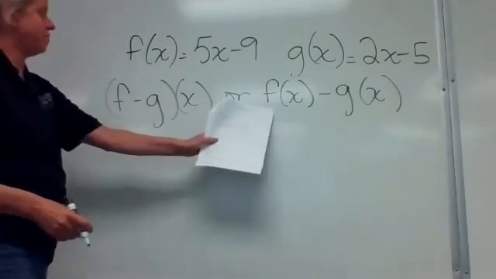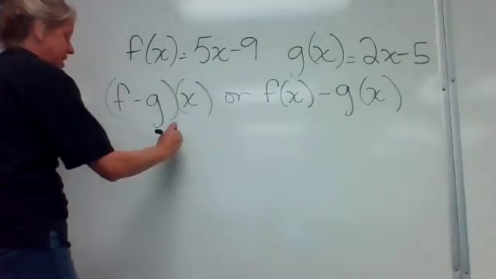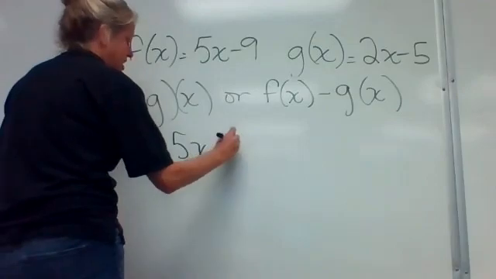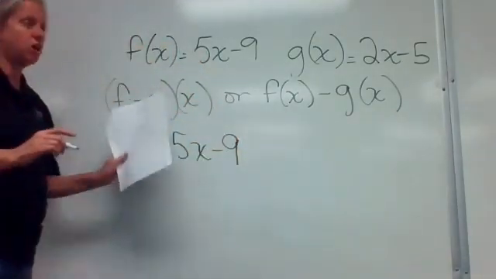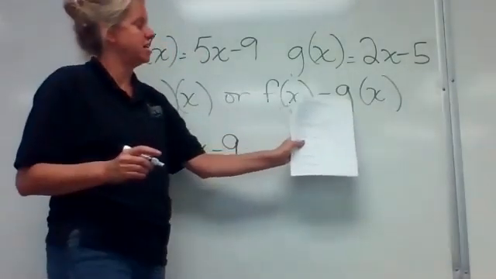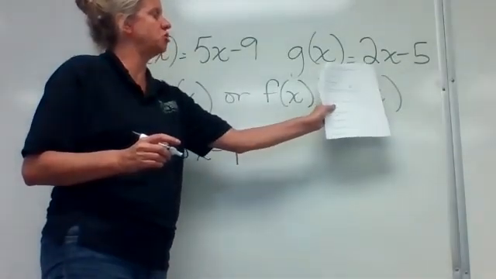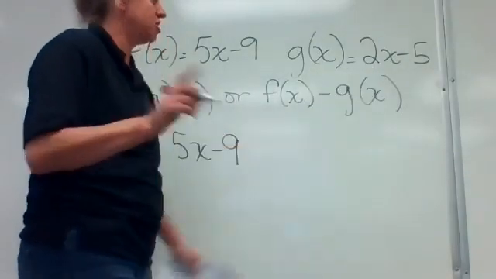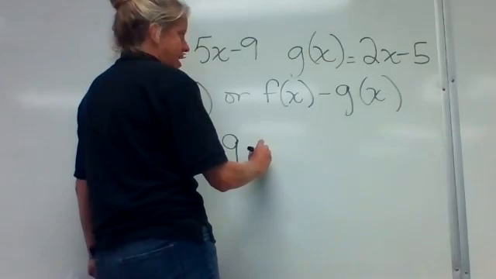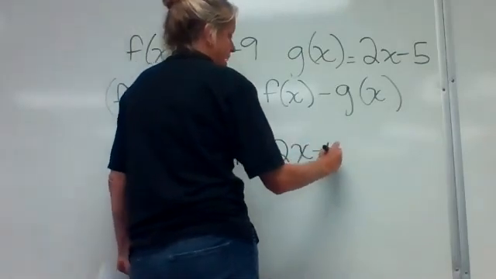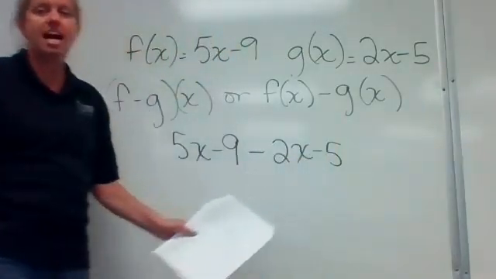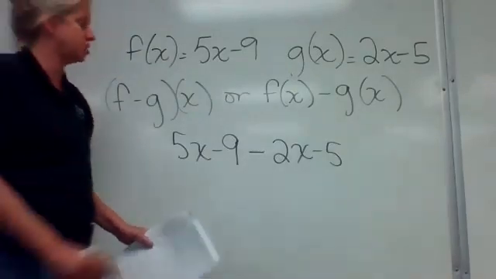So my f of x function is 5x minus 9. Now, when you are subtracting, I want to subtract this whole thing, the whole g of x. So minus, let me show you how not to write it. Minus 2x minus 5. Just writing it like that is not going to get you the right answer.